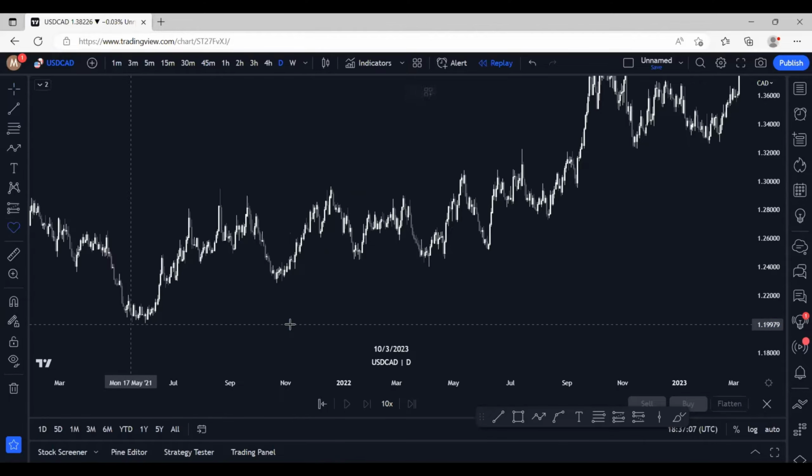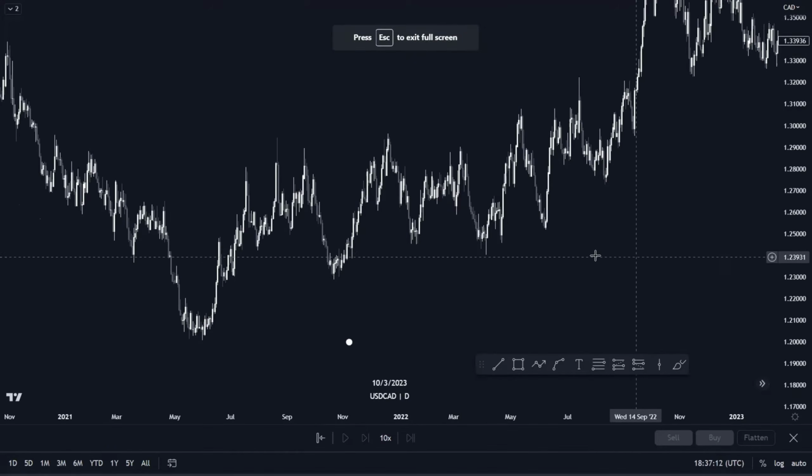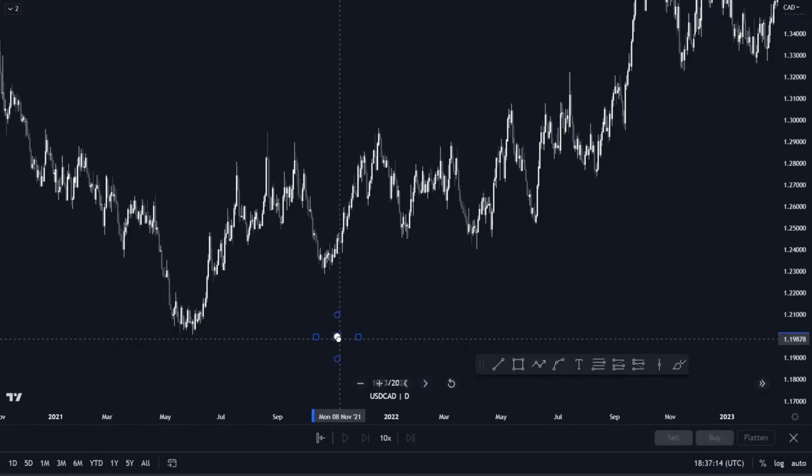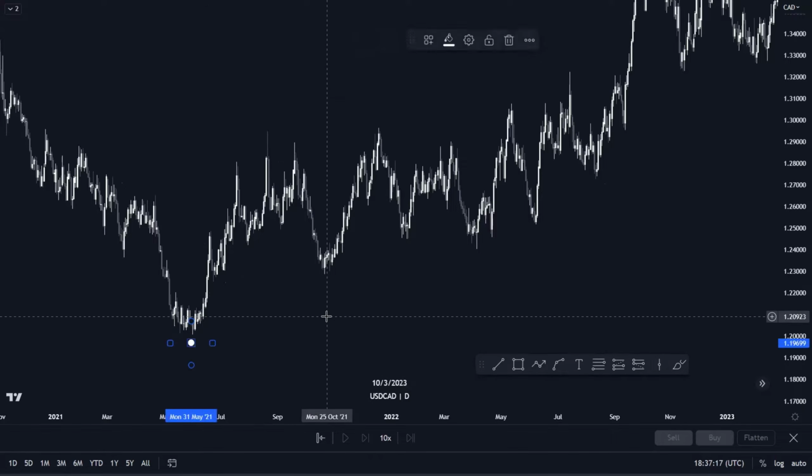USD CAD has been in a bullish trend, meaning that it's creating higher highs and respecting higher lows.